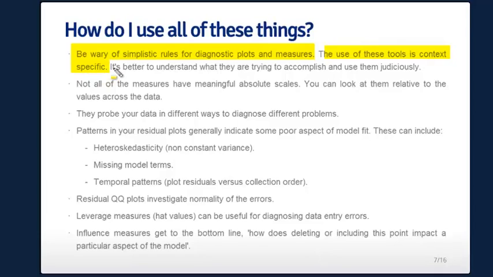So what I would hope everyone in this class would do is understand what the tools are trying to accomplish and use them judiciously and smartly. And a very important point is not all the measures have meaningful absolute scales. So you might want to compare certain measures of outlierness or influence across different data points, but you don't want to compare them across data sets.